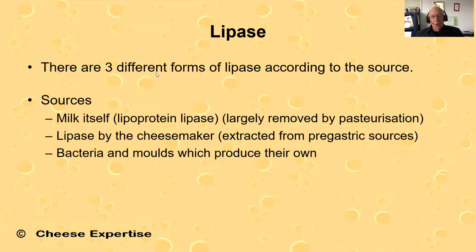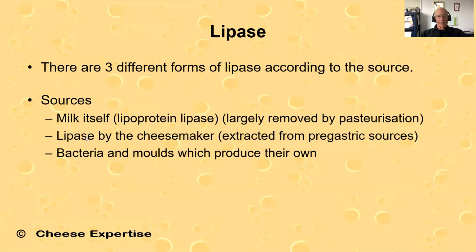So the lipases, where do they come from? There are 3 different forms of lipases according to the source. Firstly, it's present in raw milk, and so it's known as a lipoprotein lipase. But unfortunately, for those cheeses where pasteurization is applied to the milk, those lipases are primarily removed to very significant effect.